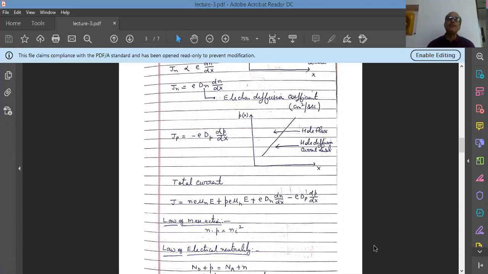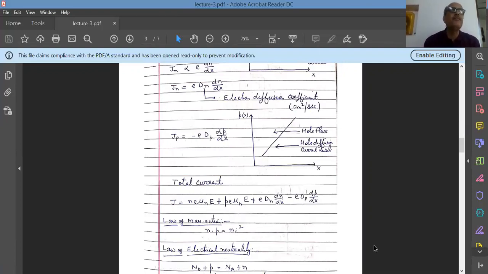So if you look at a semiconducting material, if N is the electron concentration, P is the hole concentration, Na is the acceptor density, and Nd is the donor density, we can find out the total positive charge per unit volume in the semiconducting material.